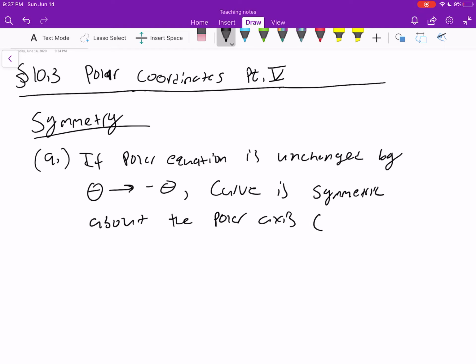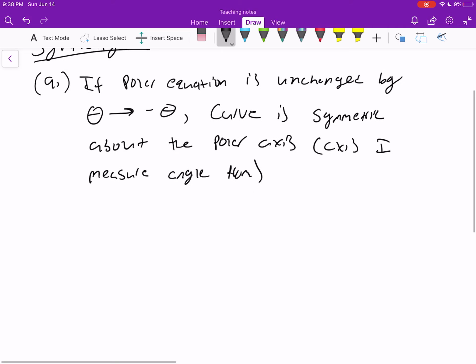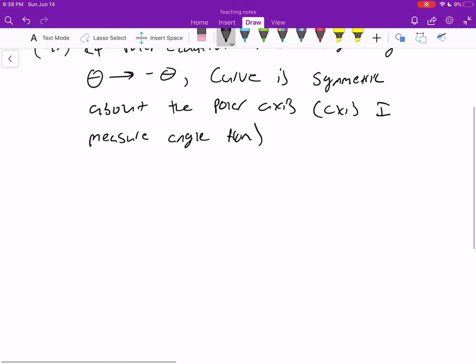And the polar axis is the axis I measure angle from. If you're thinking about this in terms of x, y, it would be the x-axis.